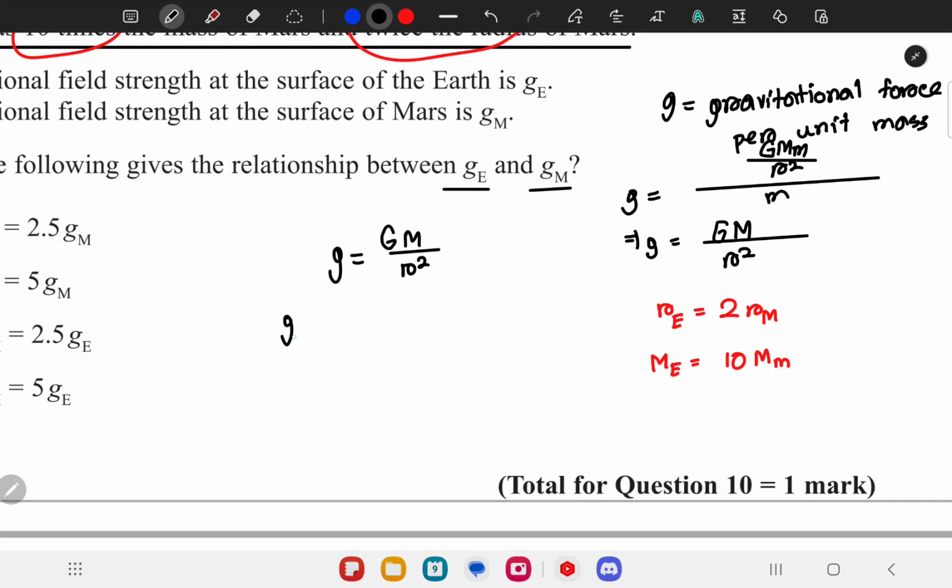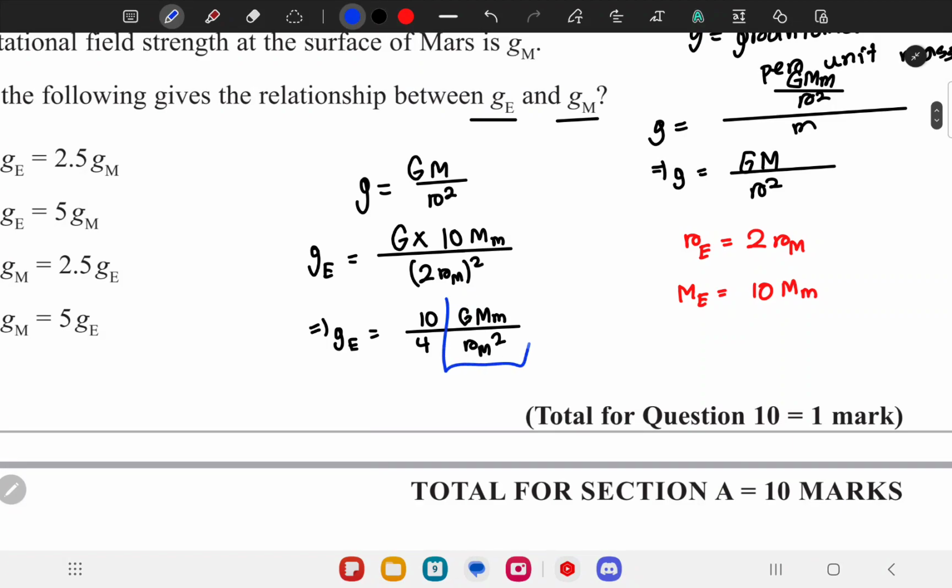So the gravitational field of Earth will have a value of G times 10 times the mass of Mars divided by 2 times the radius of Mars whole squared. So g Earth is equal to 10 by 4 times G Mm by Rm squared.